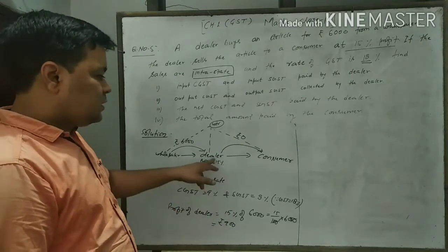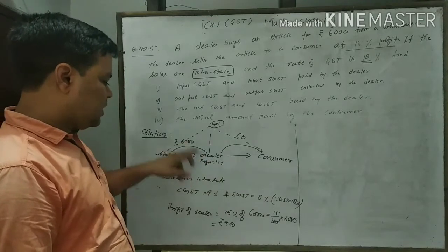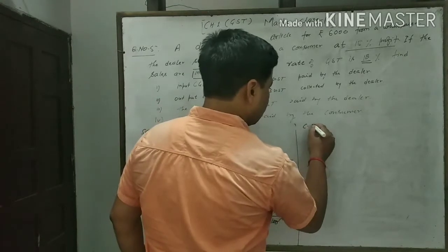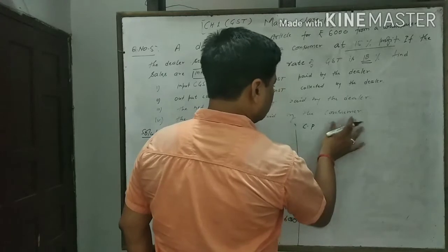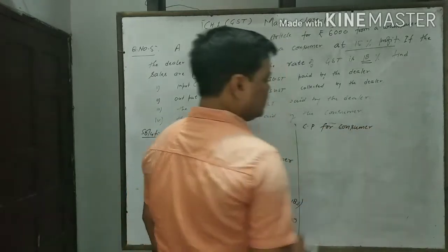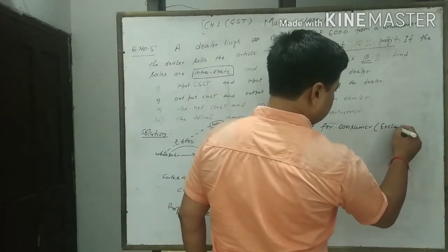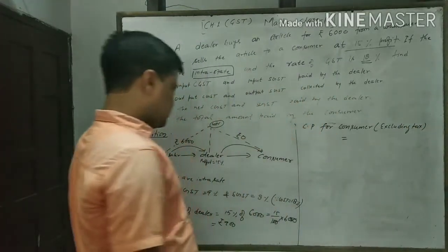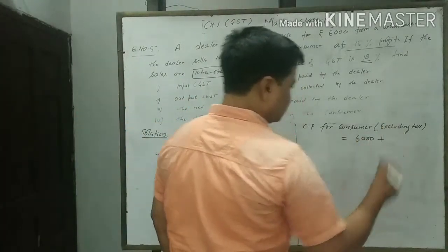It means the cost price for the consumer will be 6,000 plus 900 rupees. Cost price for the consumer excluding tax is equal to 6,000 plus profit.